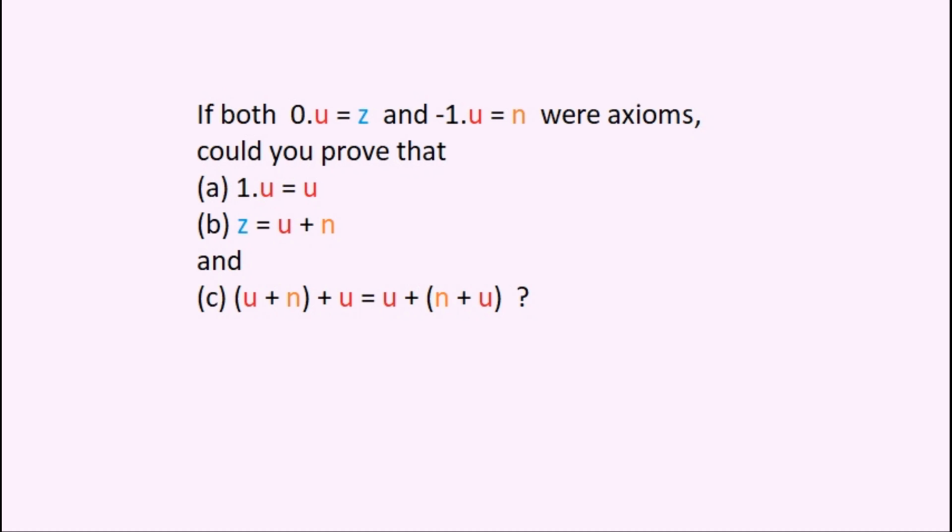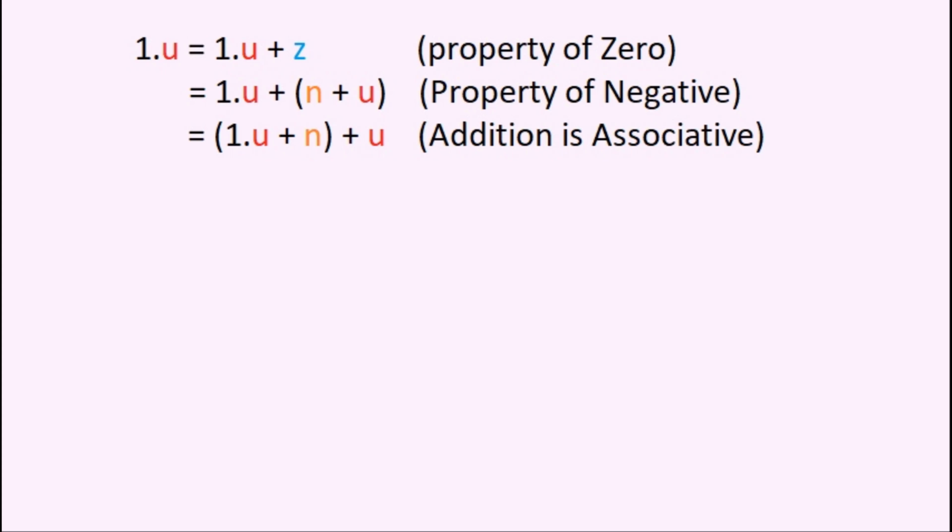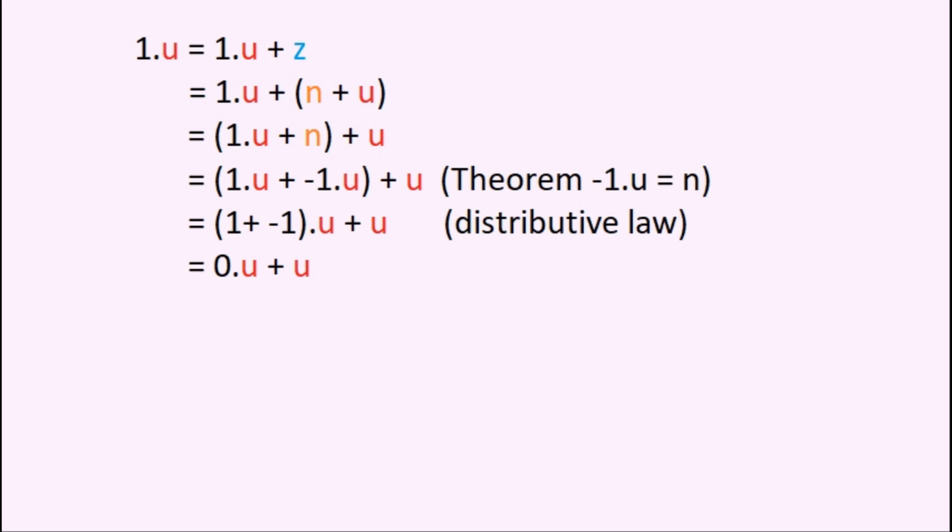Now could you prove these axioms from the rest of the axioms and these first two theorems that we've already proven? Well, it turns out that you can. Starting with 1 times u, we expand it using the properties of 0 and of a negative. Then we use the associativity of addition to swap the brackets. We then use the theorem that minus 1 times u equals n to change the expression.